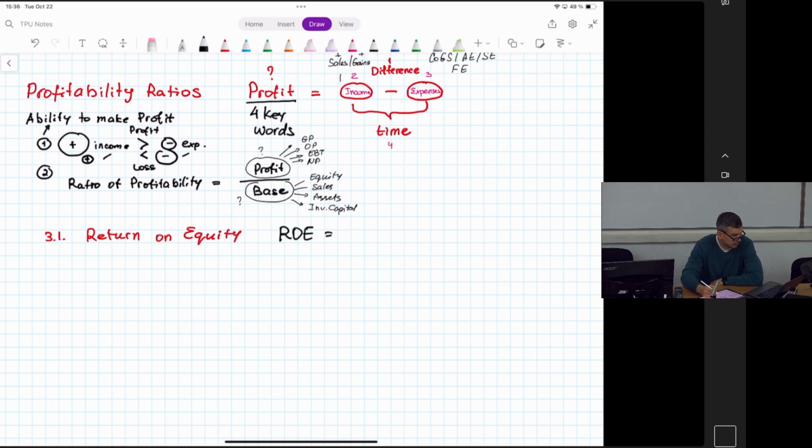A ROE is a relationship. In the numerator, we should have some kind of profit, and the profit is net profit. And the base in this case is equity. Net profit divided by equity.